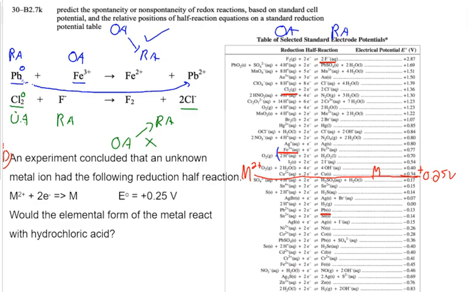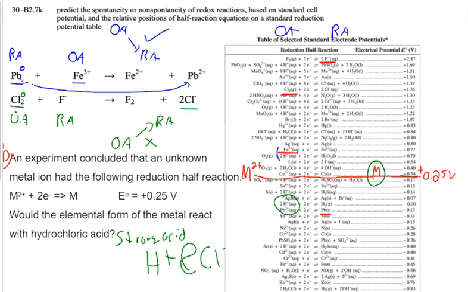So would the elemental form of this metal, so that would be the RA version of the metal, which would be right on that red line, react with hydrochloric acid? So HCl is not on our list by itself, but that is a strong acid, which is going to ionize 100% and give us H plus and Cl minus. Now H plus is on our list.